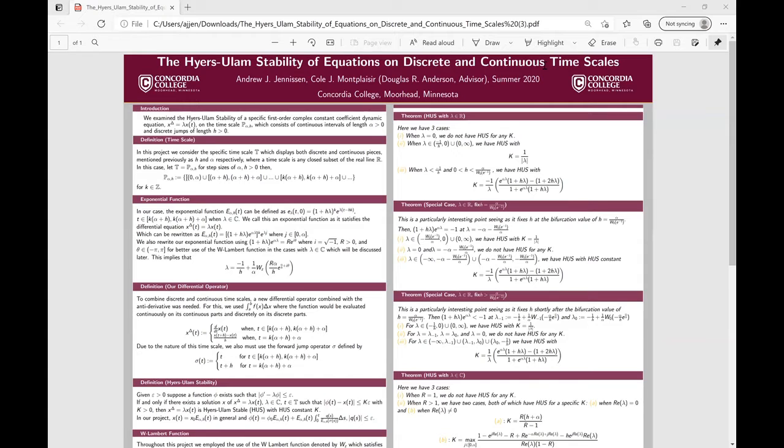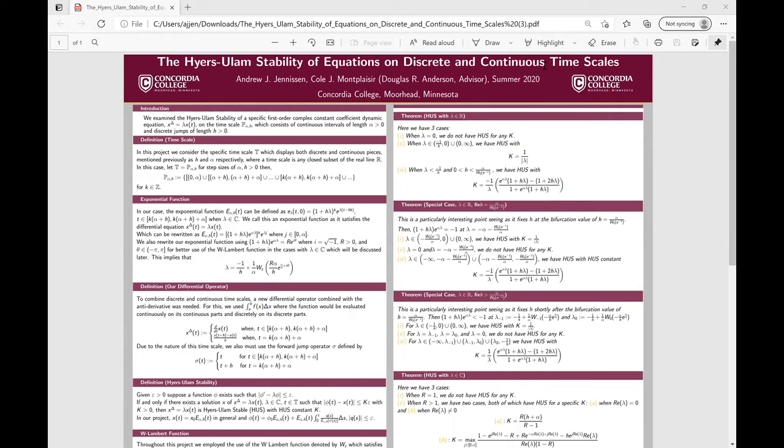We call this an exponential function because it does actually satisfy the equation that x delta of t, which is using our differential operator, which we will explain later, is equal to lambda times x of t. It can also be rewritten for all j in [0, alpha], which does make it a little easier to do some of our math down the road, which we will make use of.